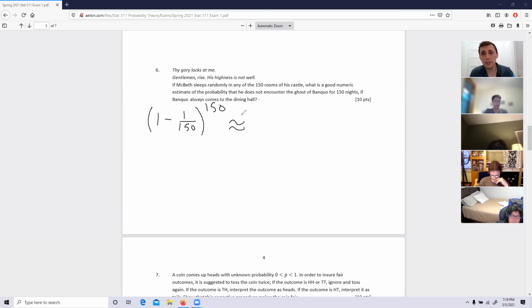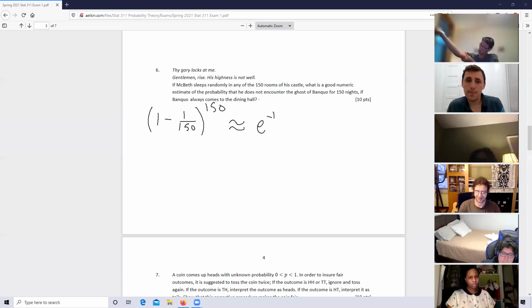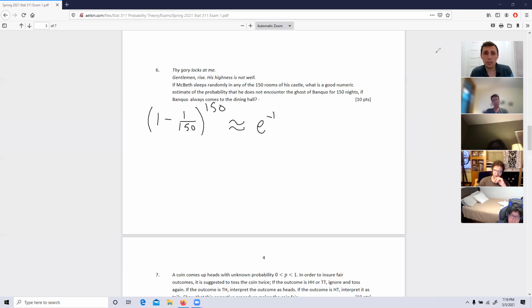You tell me what is the number? Approximately, which is not by calculator, but very specifically the approximation is what? e to the power of -1. Very good. So that's the good approximation for it, see? It's like e to the -1. Clear? You should just recognize that 1 minus 1 over a large number to the power of that large number is essentially e to the -1.